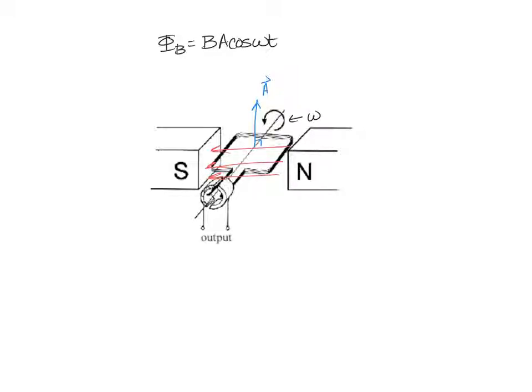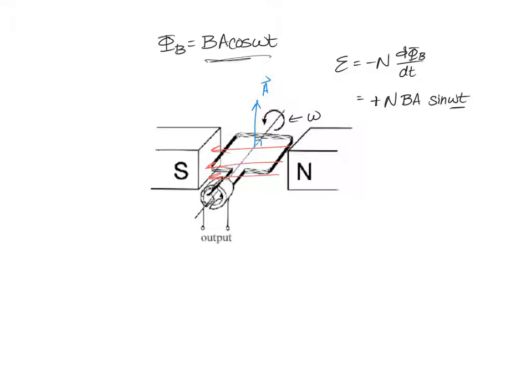So if we go to Faraday's law, which says the EMF is equal to minus N times d phi B dt, now if I take the derivative of this expression with respect to time, I'm going to get BA, and the derivative of the cosine is minus the sine, so I get sine omega t, and my other negative sign is going to cancel that one out.